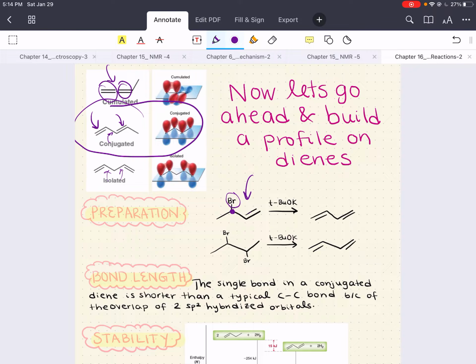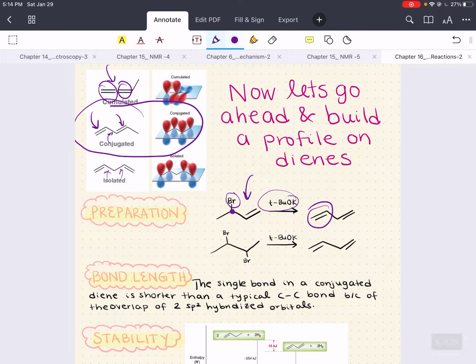This is called an allylic halide. And starting with an allylic halide through an elimination process using, say, a bulky base like tert-butoxide, what you can do is have an elimination process that will form a double bond there. And now what you have is a conjugated diene. Conjugated dienes can also be formed from dihalides.